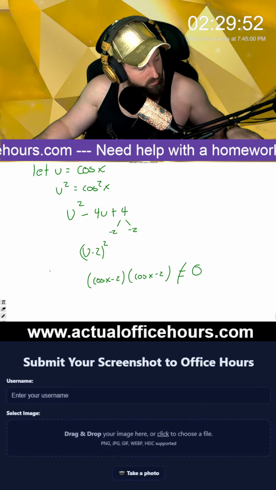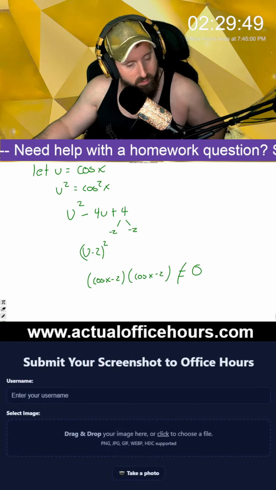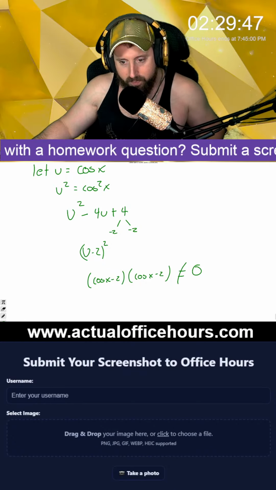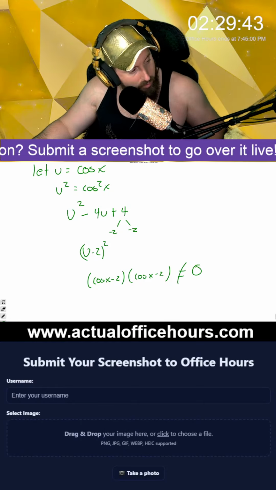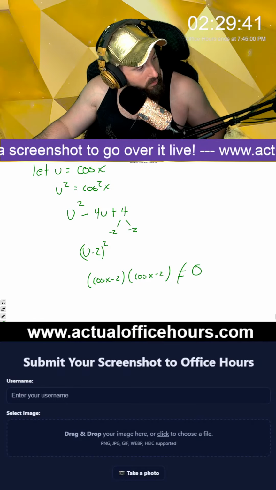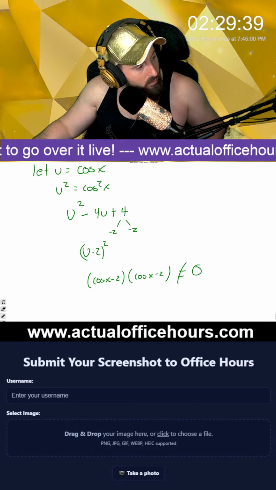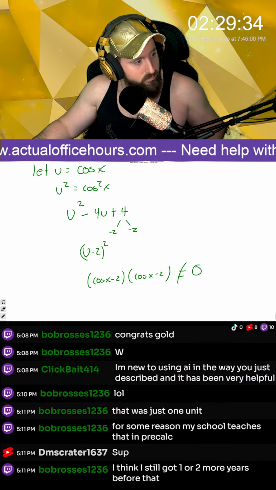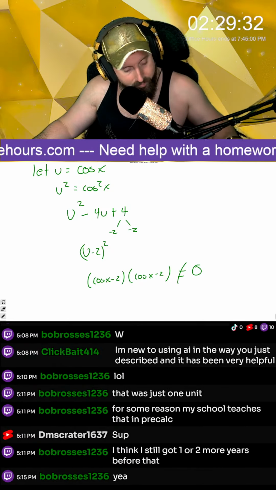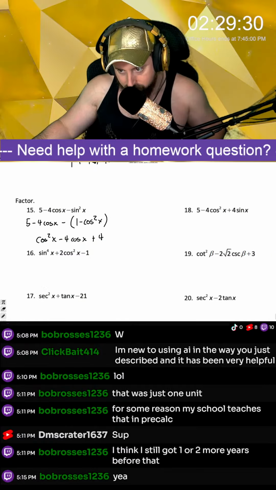It's impossible. No, it just can't happen. Do you understand why that is, equity? Yeah, okay, cool. Anyways, that's it factored.